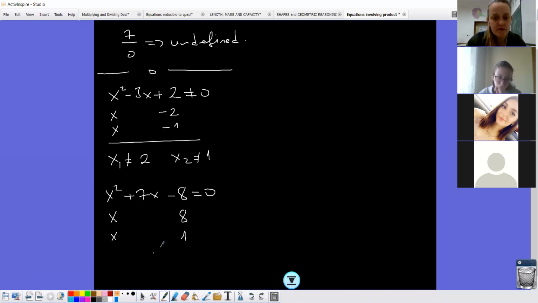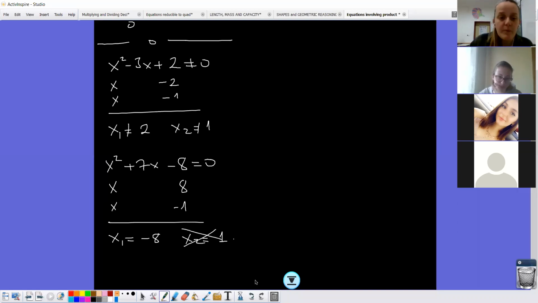Now x1, I will find from here, minus 8. x2, I am finding 1. But what I said here, x cannot be 1. So this one is not my solution. My only solution will be x1 is equal to minus 8.